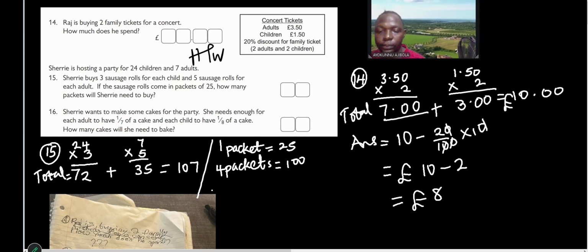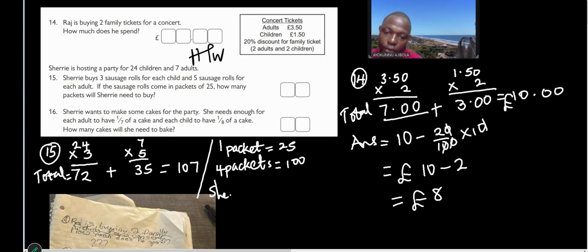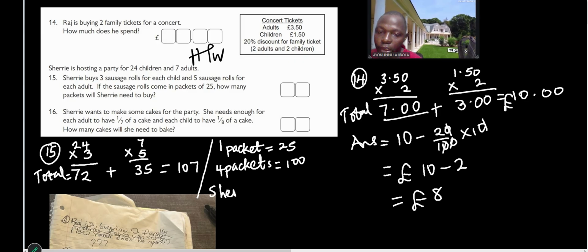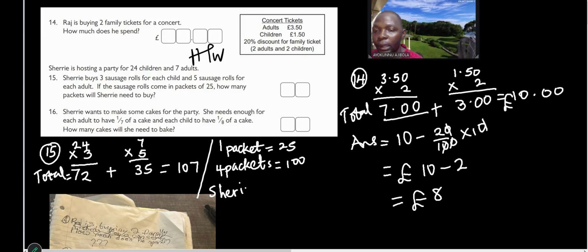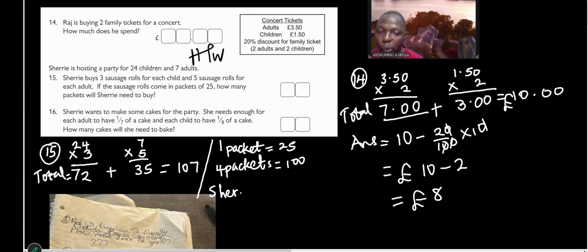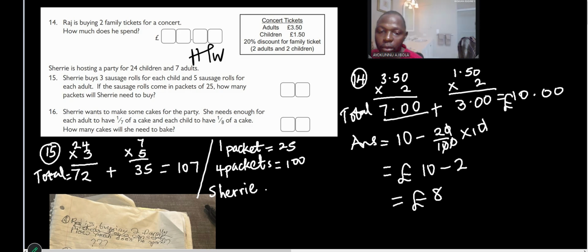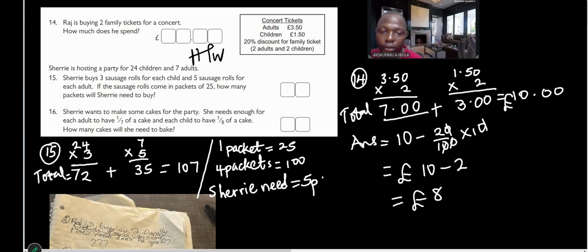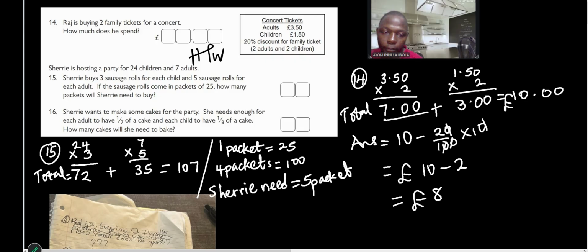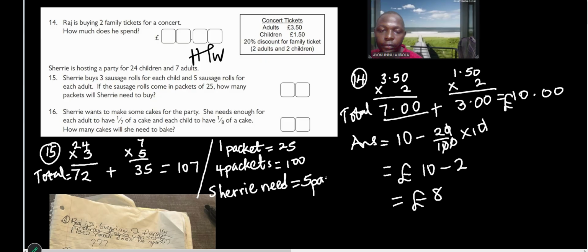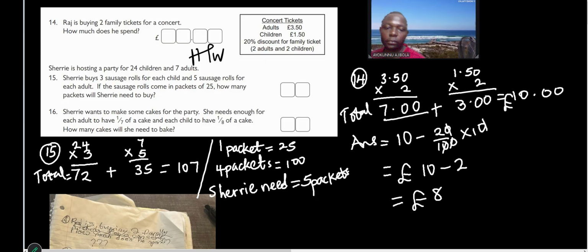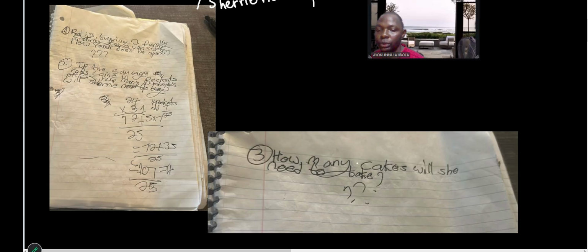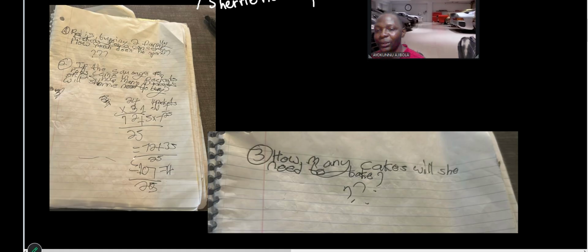Not everybody will get the desired amount, right? So Sherry would need 5 packets, right? Yeah. 5 packs. So you couldn't figure out that she needs 5, but you got something around there, so you're still on the way.